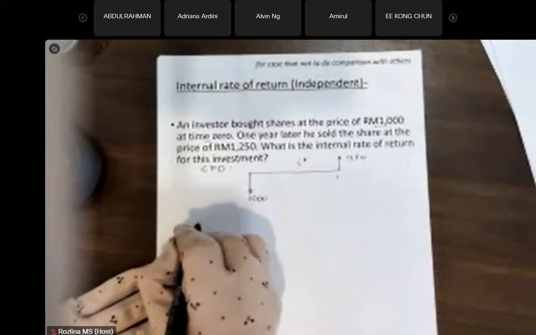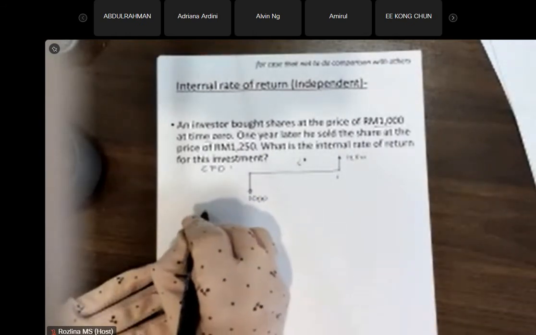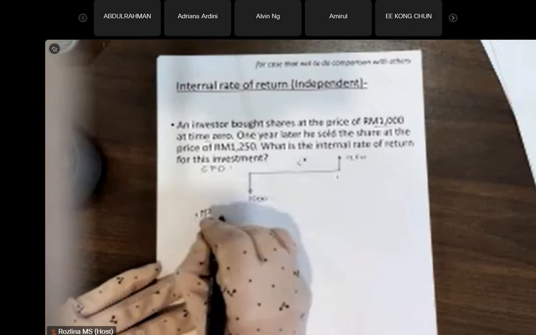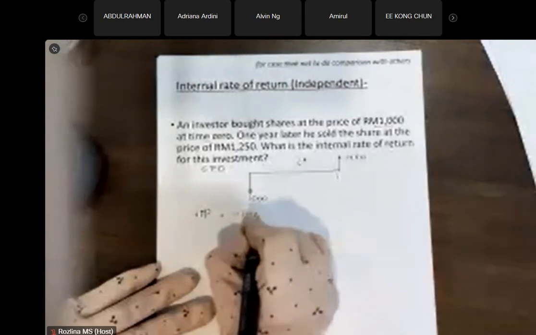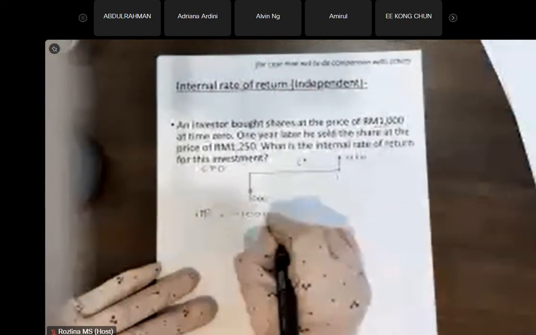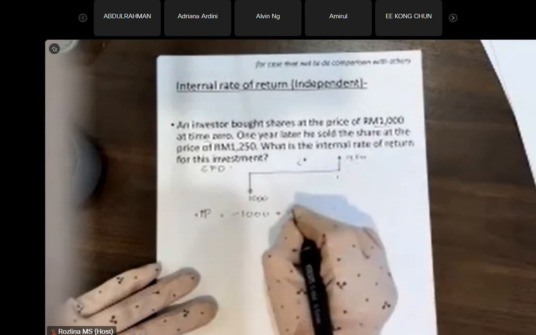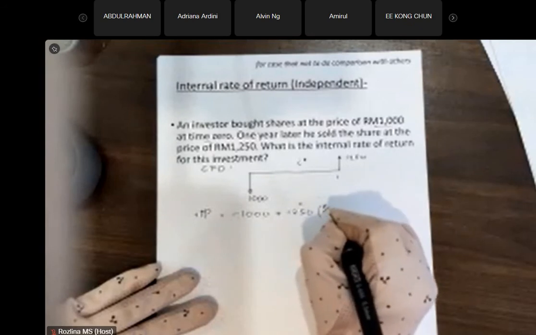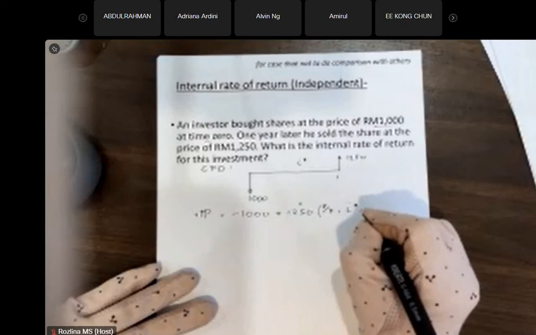So it is like usual. You calculate the P and calculate the P. So this one is 1,000 plus 1,250. What is this? This is F, right? So P over F, I, and then 1 year.